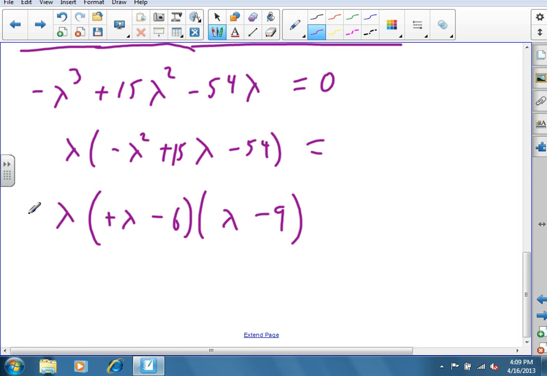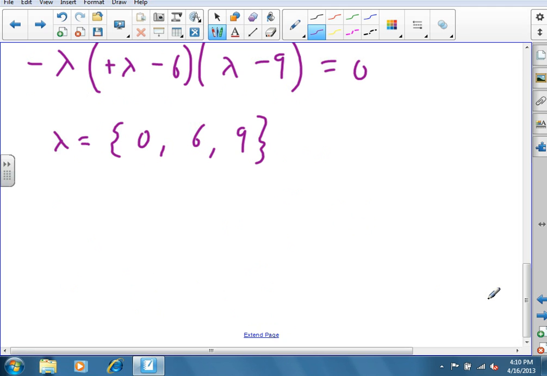Okay, so make this guy a positive, put a negative there. Is that what you're telling me? Yeah. Okay, so I bring out a negative. This is now a negative. Okay, it factors. Okay, so I have lambda's eigenvalues at 0, at 6, and at 9.